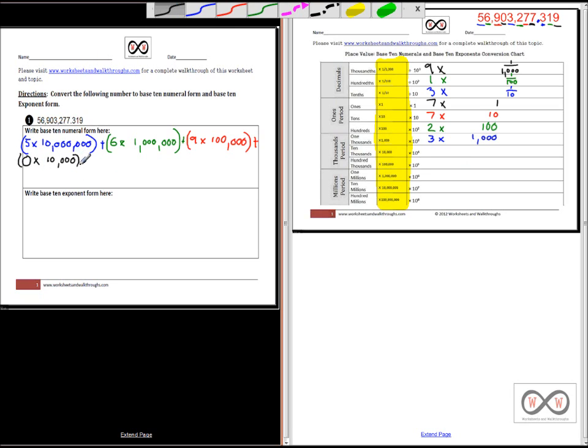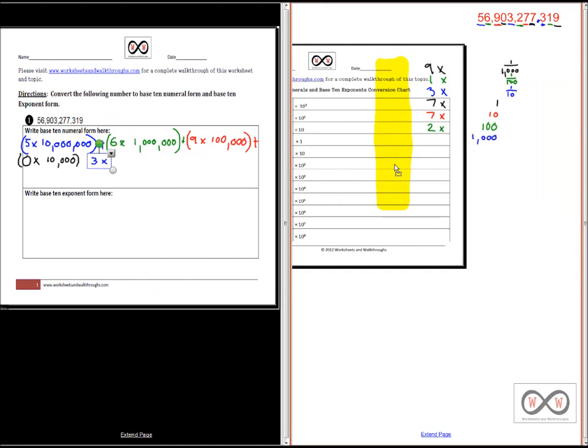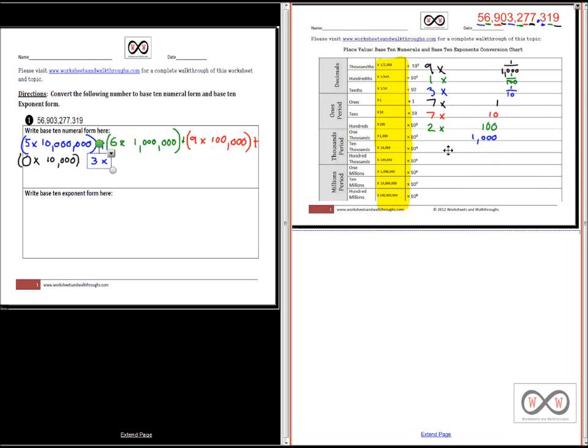So we're basically breaking apart the number up here, place by place, and multiplying the digit by its place value. And we'll take 3 times 1,000. That would be, whoa, put that right back there, won't we? Take the 3 times 1,000.